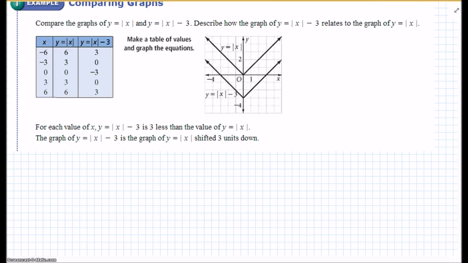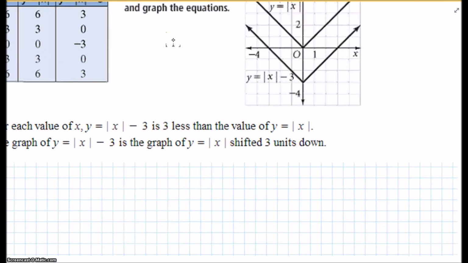Compare the graphs of y equals the absolute value of x and y equals the absolute value of x minus 3. Describe how the graph of y equals the absolute value of x minus 3 relates to the graph of y equals the absolute value of x. So you can see over here on the right, we'll zoom in a little bit.